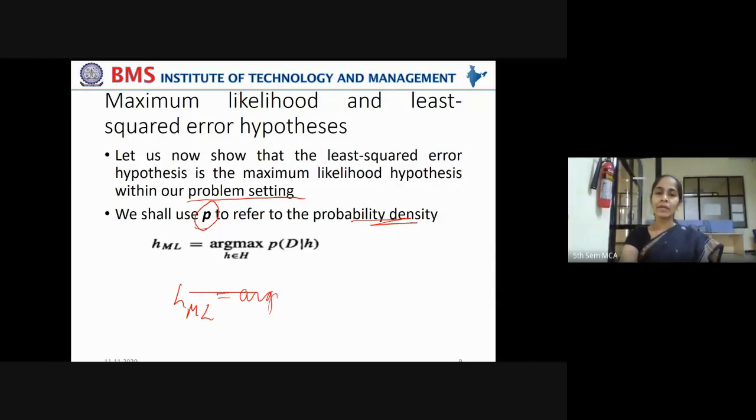Initially, the maximum probability of the hypothesis, P of D given h, the posterior probability of D given h. But instead of this capital P, you are using small p. Remember that, because you are trying to find the maximum likelihood in a real-valued target function. That is why you wanted the probability density instead of the probability mass function.